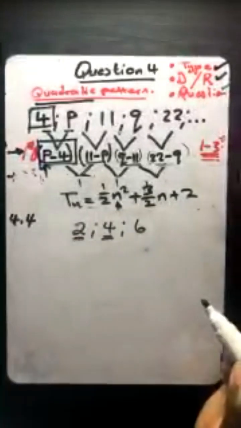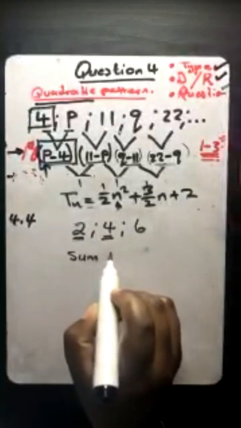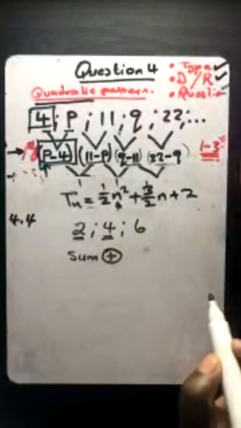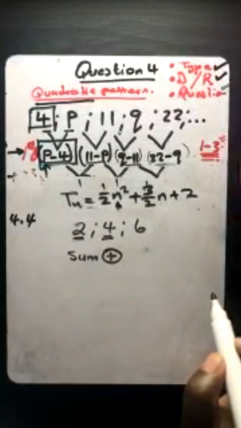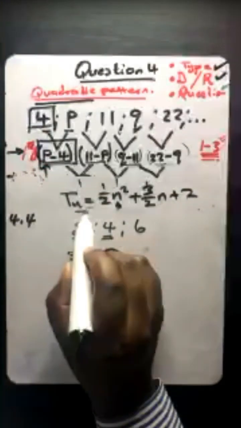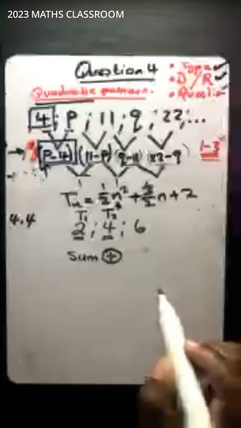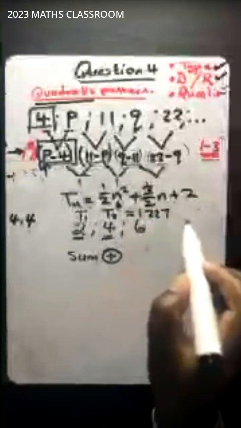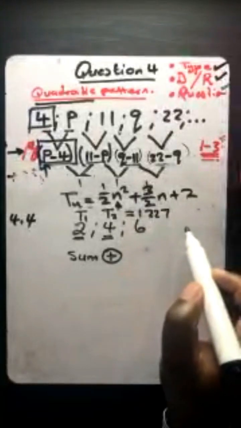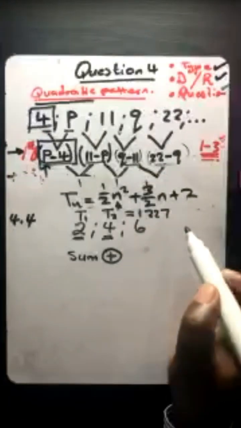The word sum talks about adding. So from what I understand, they're saying if term 1 plus term 2 is 1,227, calculate the difference between these two terms. I think it's starting to make sense.